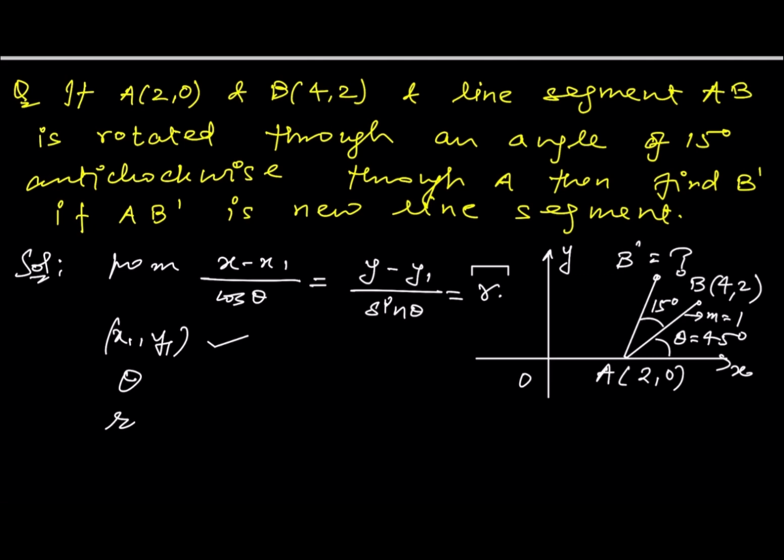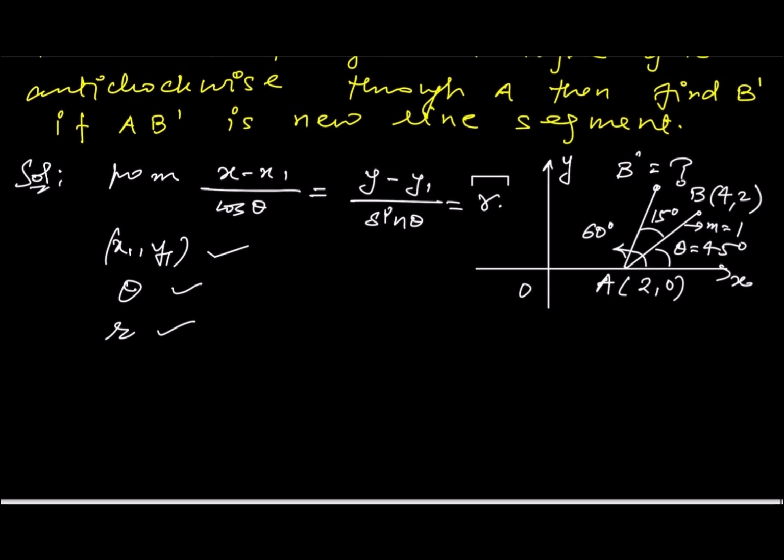So you have the complete angle, that is 60 degree. So you have theta and also you have r, because if you know AB then r will not change for AB dash also. So theta is 60 degree and r is 2 root 2.